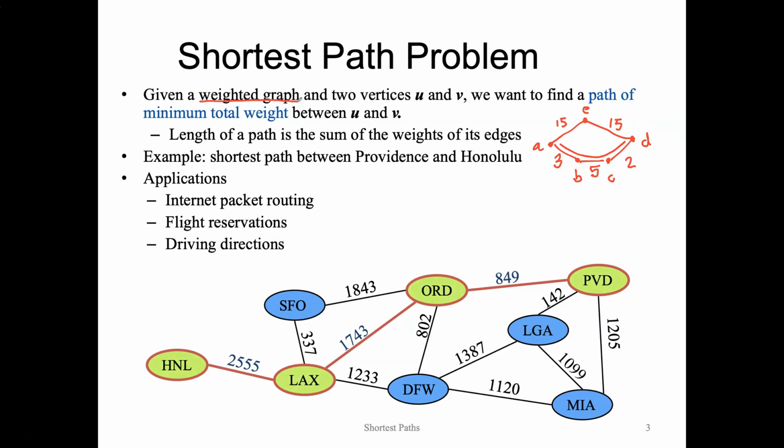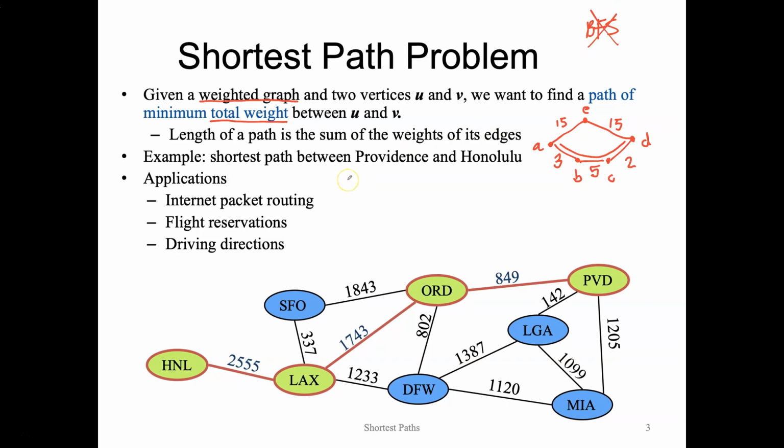We need a better way of finding a shortest path, because the shortest path might not have the least number of edges, since this is based on the total weight of edges along that path. For that reason, we can't use what we had seen before, which was breadth first search, to solve this problem. We need a different approach.